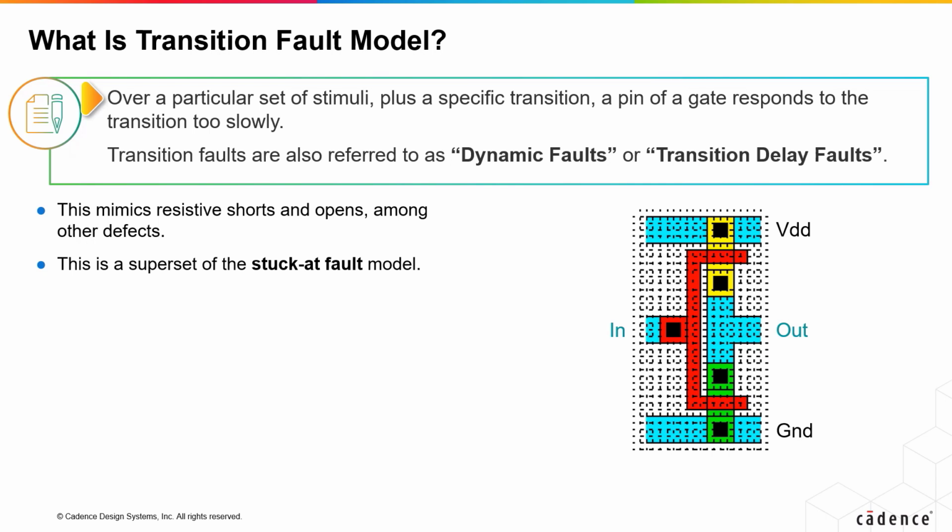The faults are called slow to rise and slow to fall faults, and sometimes collectively referred to as dynamic faults, since the behavior is time varying. Obviously, to test for these fault behaviors, a transition must be generated that propagates through the pin that the fault is defined for. In the sense that a stuck-at value is just an extreme of a slow to change value, this fault model is a superset of the stuck-at fault model.